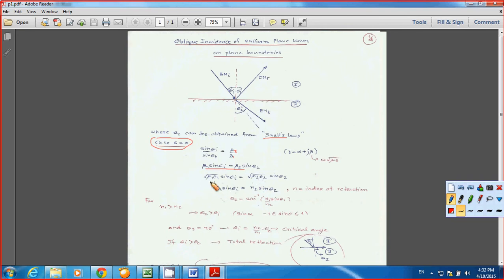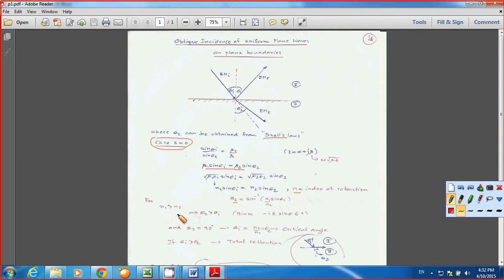From this equation you can find theta 2, the transmitted angle, as n1 over n2 multiplied by sin theta I, where the square root of mu epsilon gives the index of refraction.